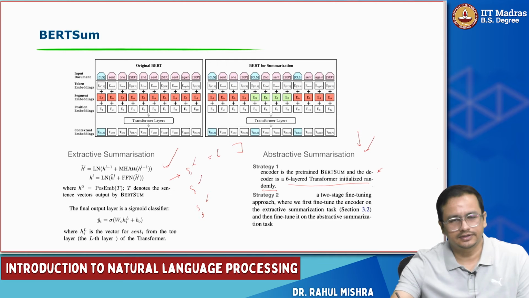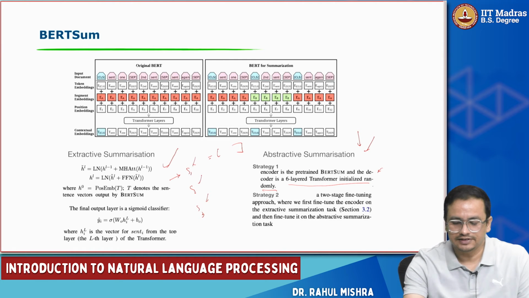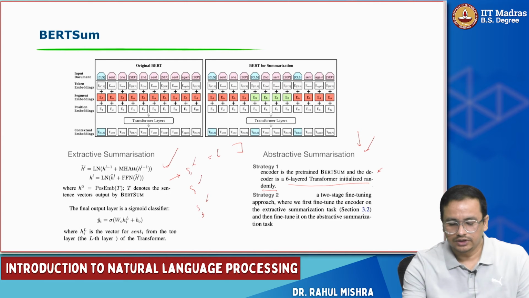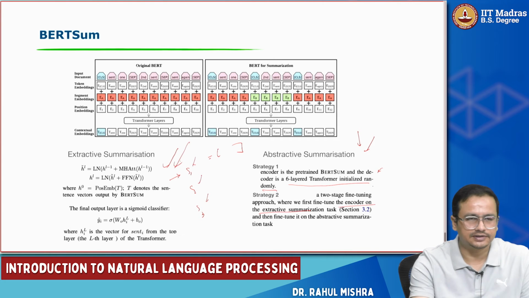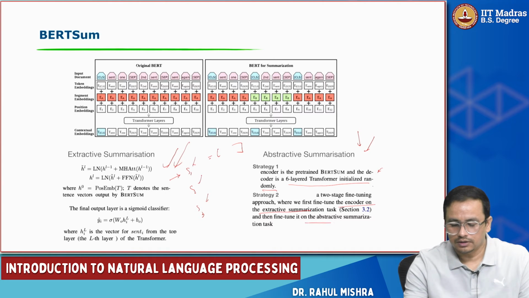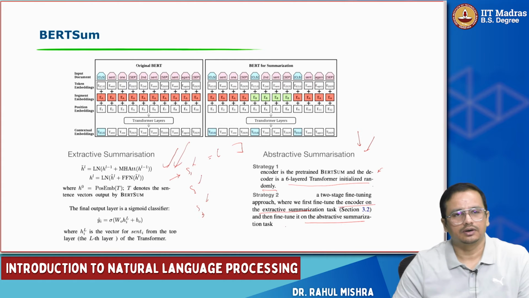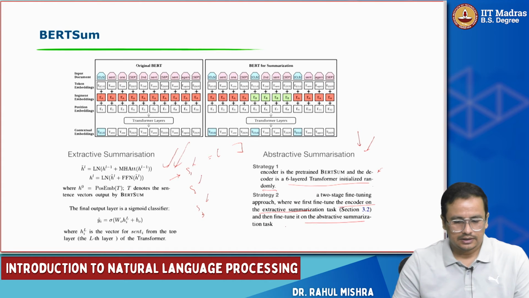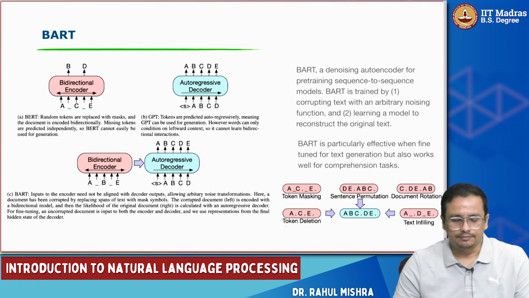So one strategy is to encode with BERT and decode using a transformer decoder, and you will get a summary. On top of that, they also applied a 2-stage fine-tuning approach, where they first fine-tuned the encoder on extractive summarization and then decoded using the decoder. These two formats they used, and it turns out that it performed well.